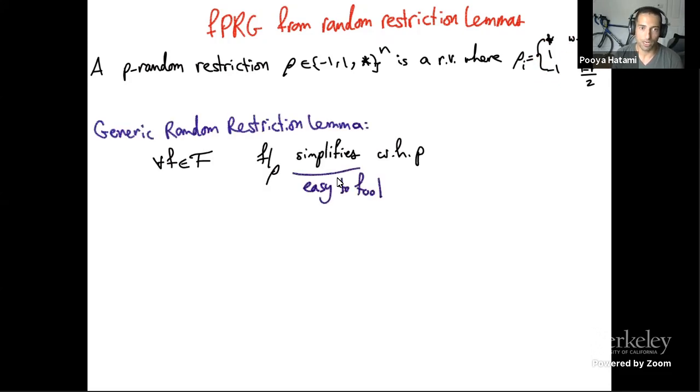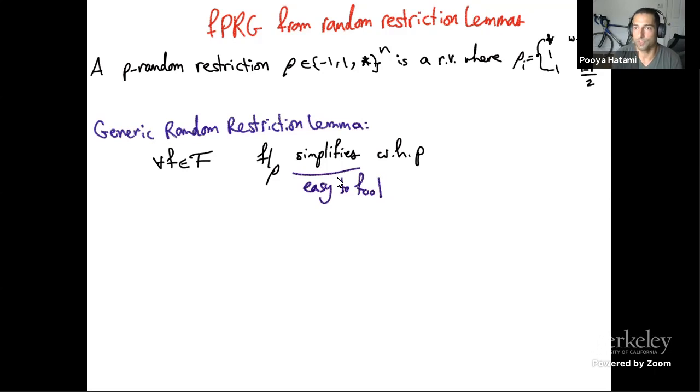A generic random restriction lemma or a switching lemma type statement will say that all the functions in this family that I care about simplify with high probability under random restriction. For the purposes of pseudorandom generators, you should think of simplify as in we can fool them easily.